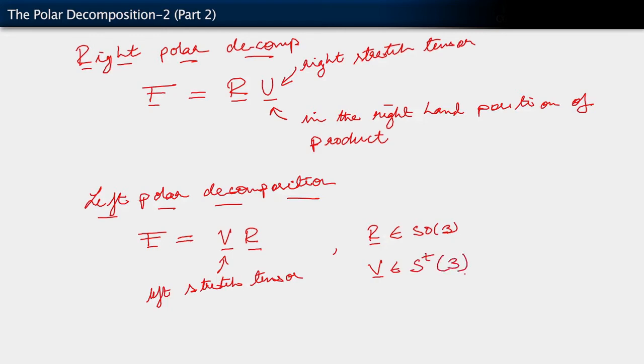Now just as we saw that U square is related to C, we also have V square equals B, which is called the left Cauchy-Green tensor.